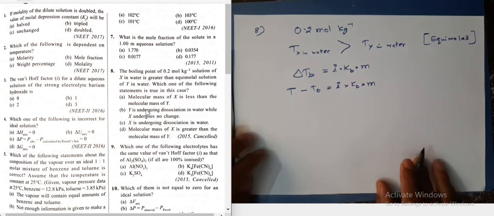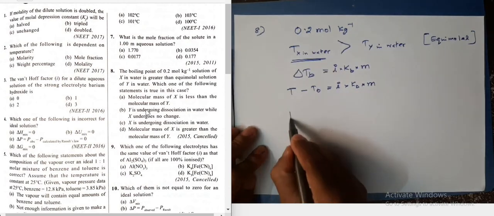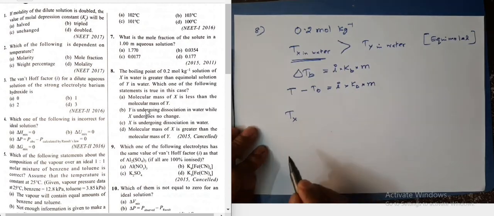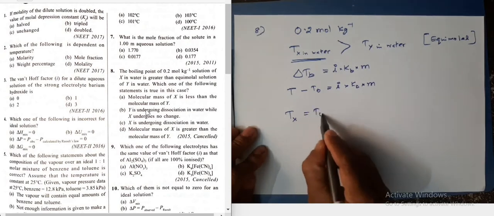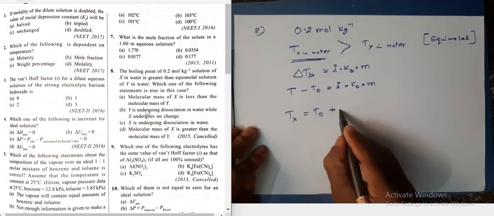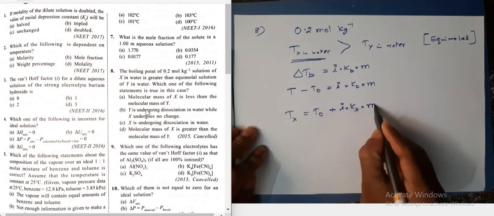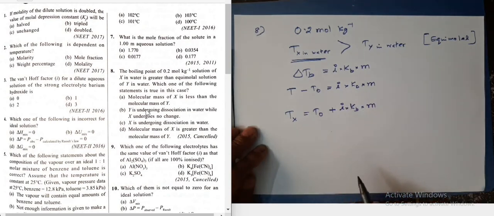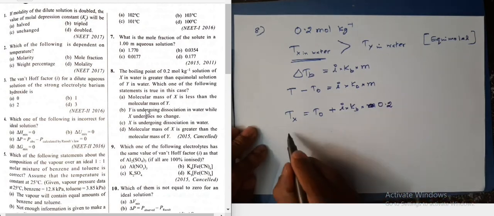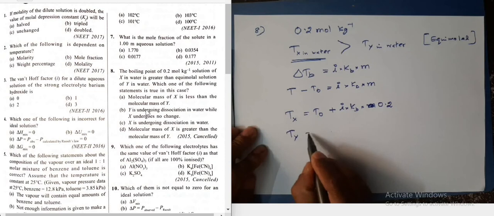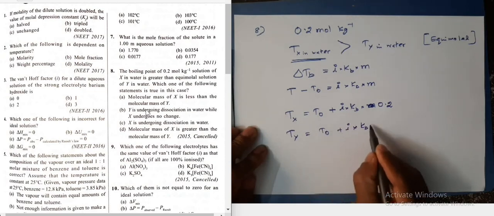Now for X in water, the boiling point of X is T naught, the boiling point of pure water, plus i into KB into molality. Molality is given, 0.2 mole. Similarly, the boiling point of Y in water is T naught plus i into KB into 0.2.